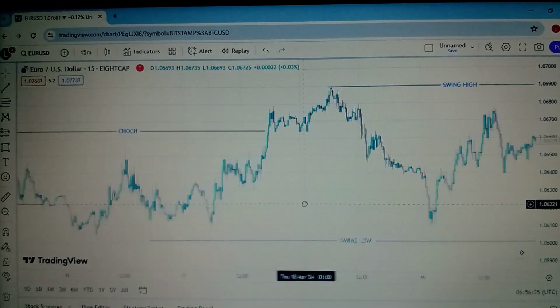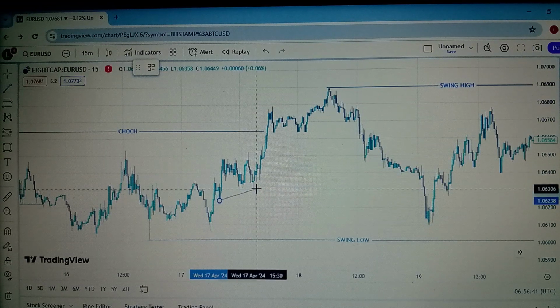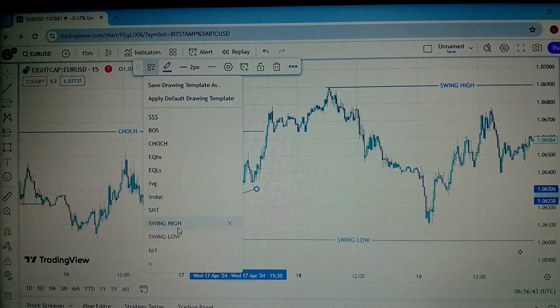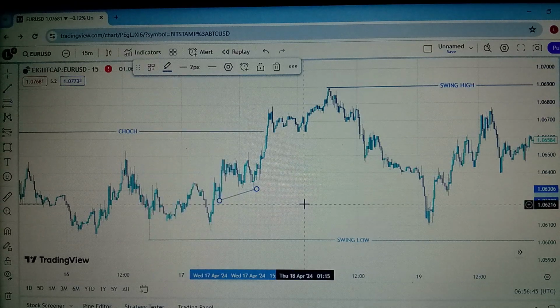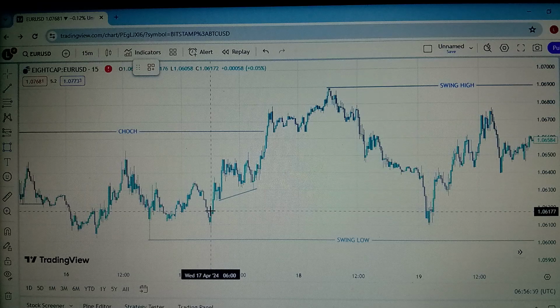So what I saw is that we're pulling back, and we have liquidity, relatively equal lows. We have relatively equal lows, and we have this order block right here.